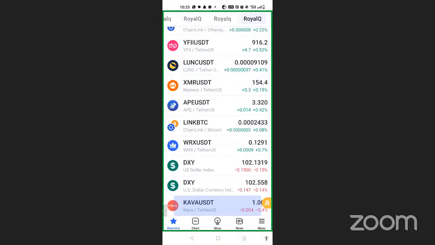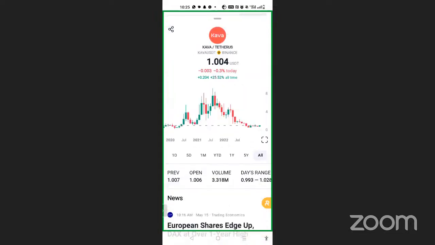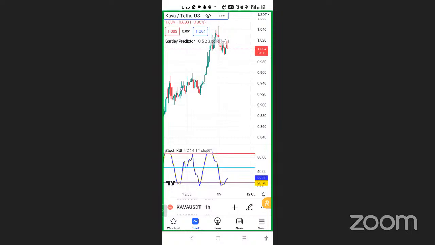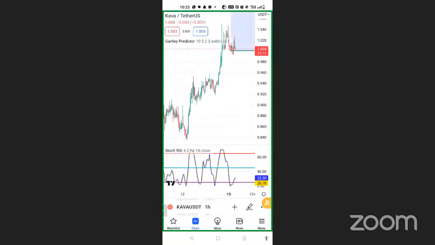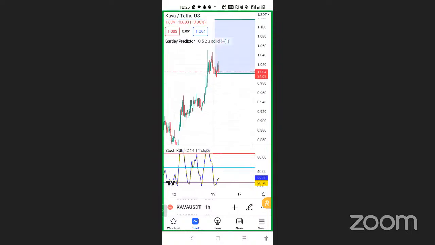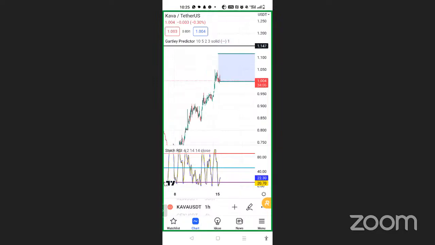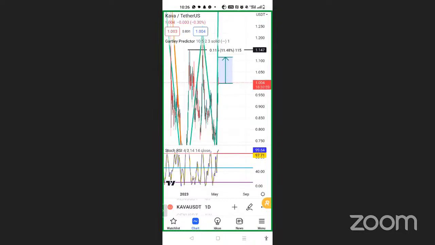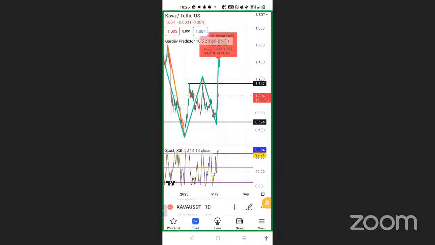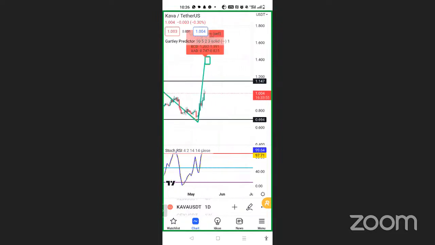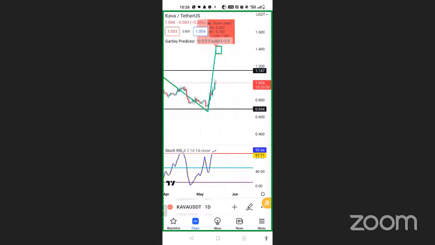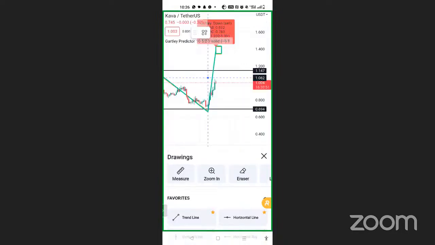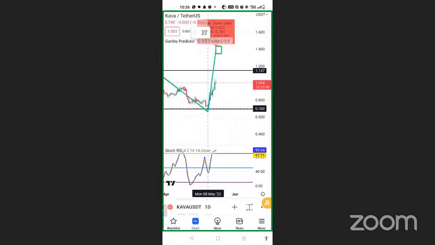I want to share this coin with you guys. I'm just sharing with you. Okay. And usually this is what I mean. For example, all right, I'll pick up this coin.